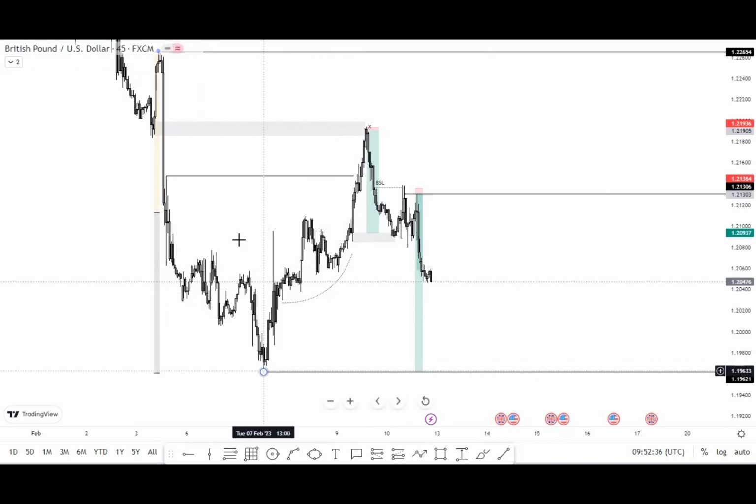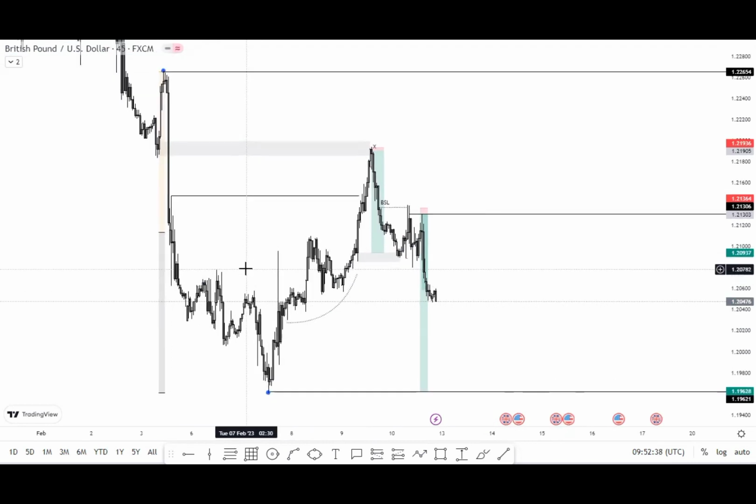You understand? And within the range, this buy side liquidity that was swept was used as inducement for price to go to this breaker block.